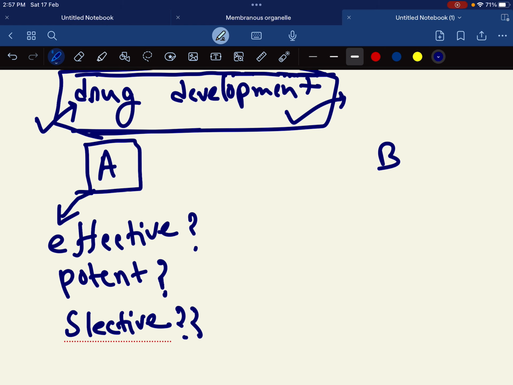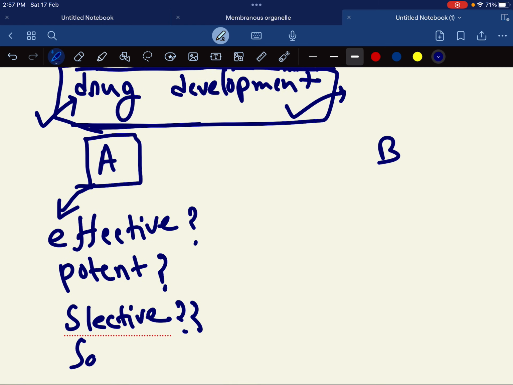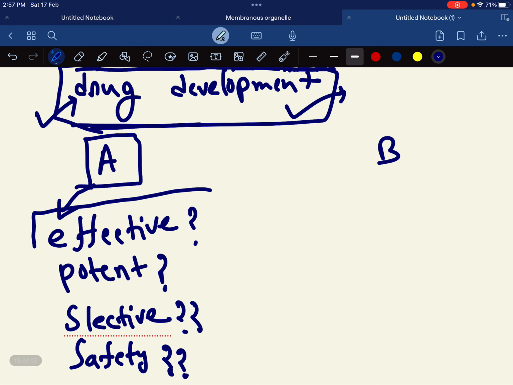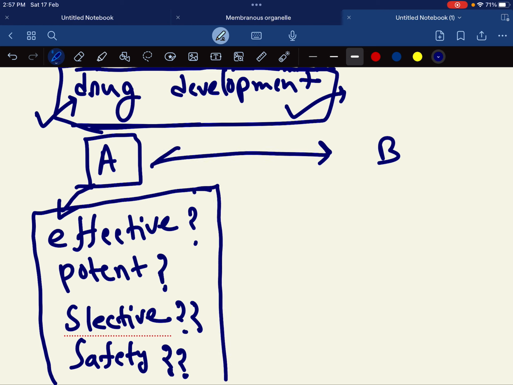Then also which one is more safe, that is safety. What I mean is which one is less toxic. So we basically want to describe these terms comparing these two types of drugs.